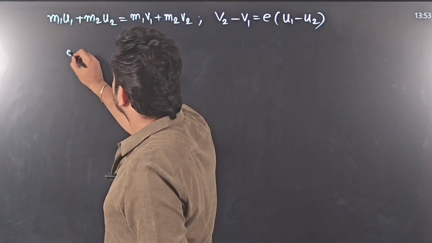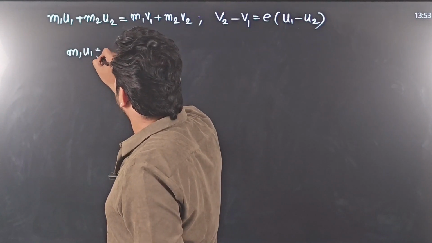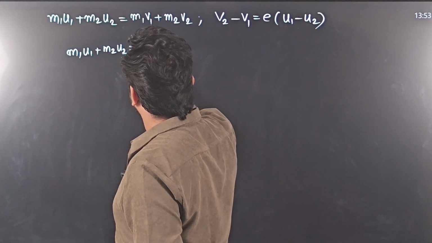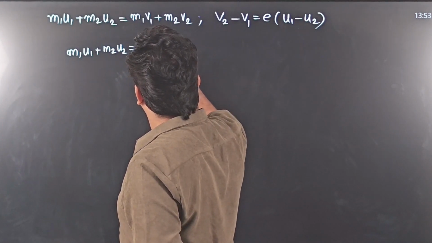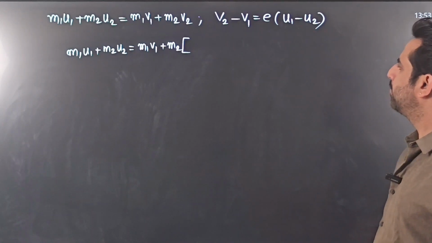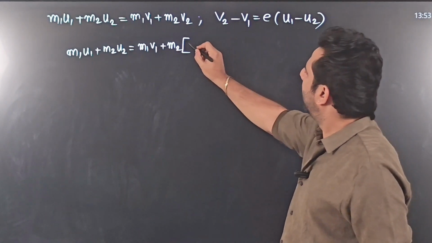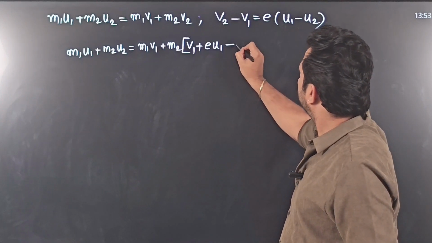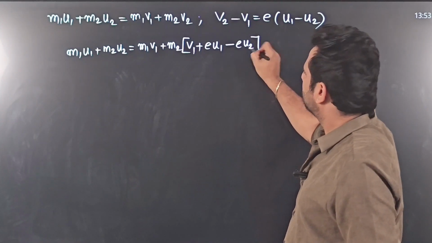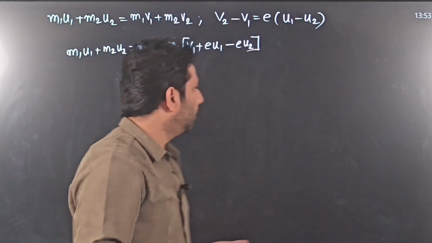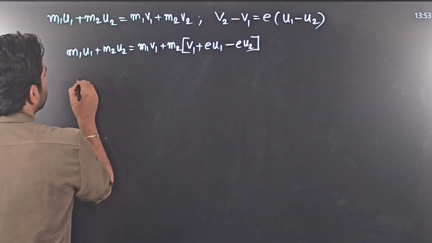In this equation, I can eliminate v2 by expressing v2 in terms of v1. So m1 u1 plus m2 u2 is equal to m1 v1 plus m2 into v2. I'll write v2 as v1 plus E u1 minus E u2. So we get a linear equation in terms of v1. We can easily find v1, so let us solve this.